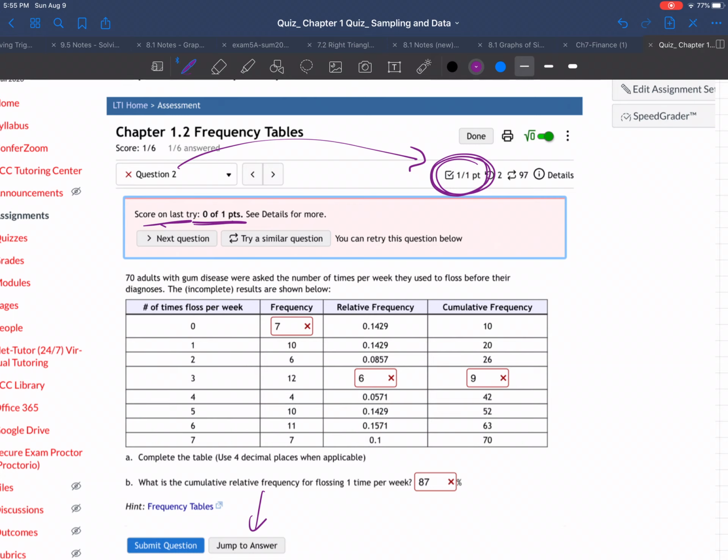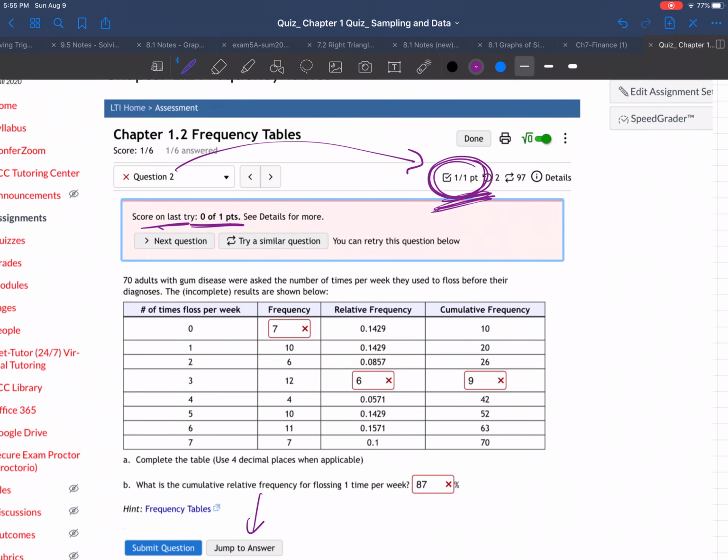If you want to keep filling them in, you have 3 tries in each version until it gives you all the right answers with the keys. But once you get it right, you get full credit, and then you can practice more, especially right before the exam. You can go back into your homework and practice, and you won't mess up your score. It doesn't matter if you get them wrong.